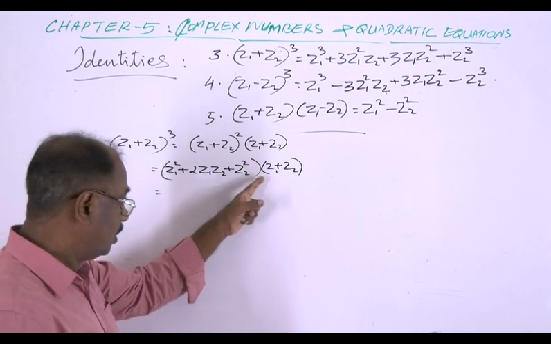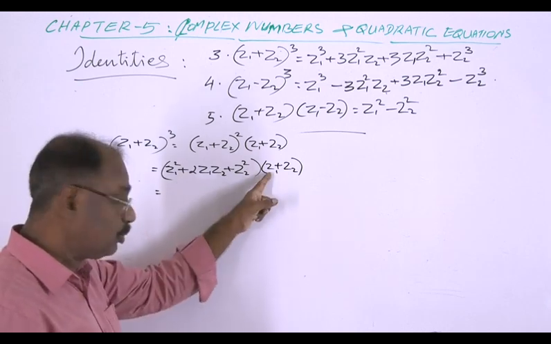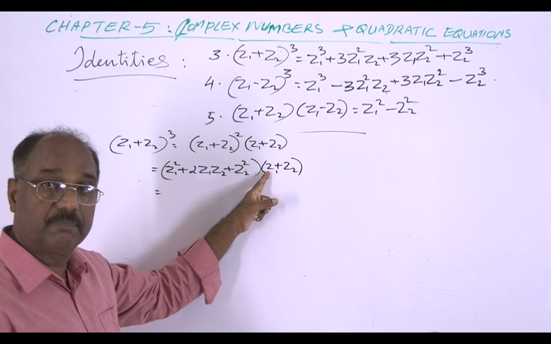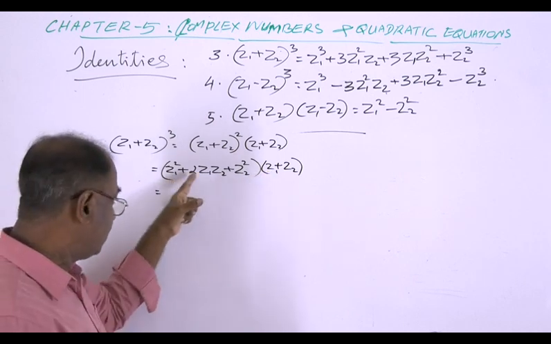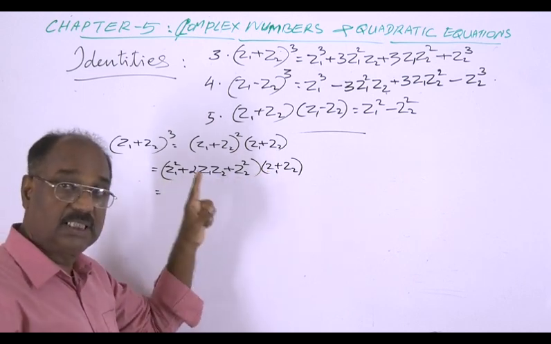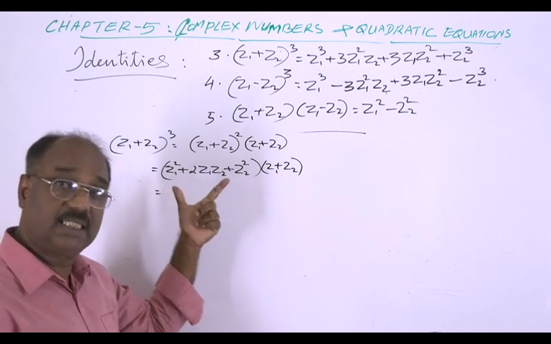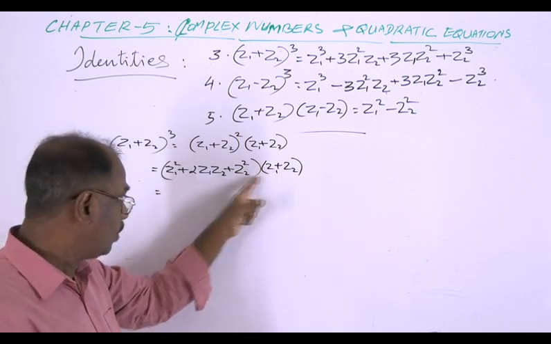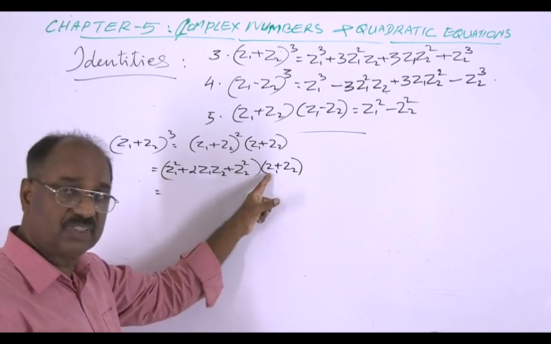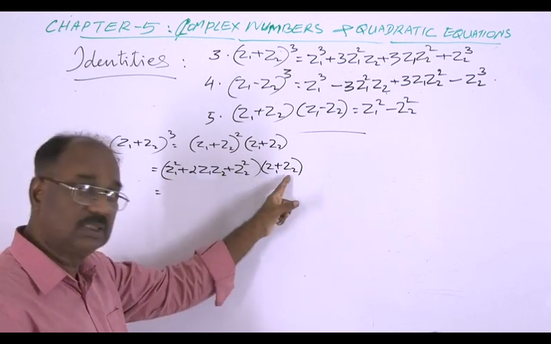And this is again equal to, so apply this distributive property over addition. So here we have three terms, and the distributive property is applicable for these three terms also. So multiply all the terms with the Z1 first and then multiply all the terms with the Z2.